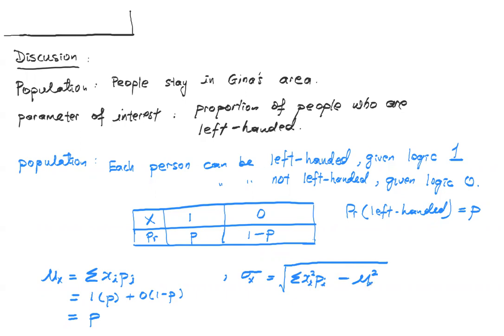So this will be equal to the square root of 1 squared times P plus 0 squared times 1 minus P, take away the mean P squared. So this will give us the square root of P minus P squared, which is the square root of P times 1 minus P.